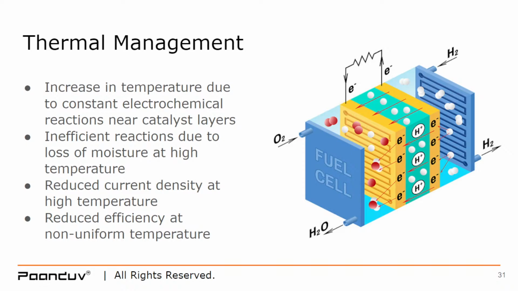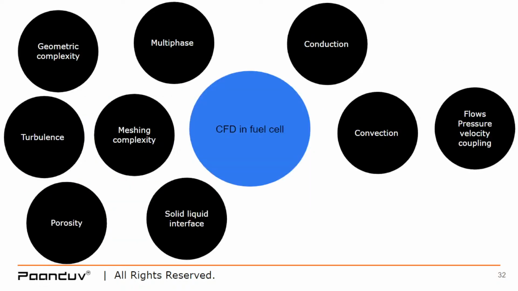So increase in temperature is caused due to constant electrochemical reactions. Okay, then this increase in temperature causes inefficient reactions due to loss of moisture. Your current density is reduced because of this increase in temperature, and overall the efficiency of your fuel cell is reduced due to this non-uniform or high temperature.